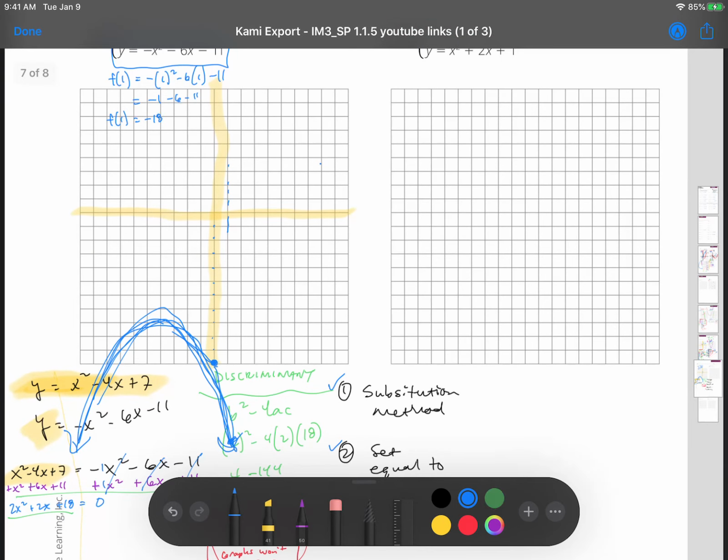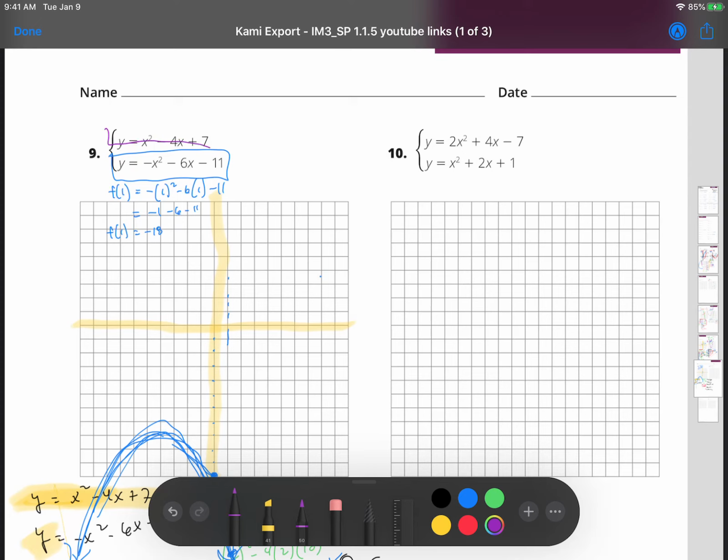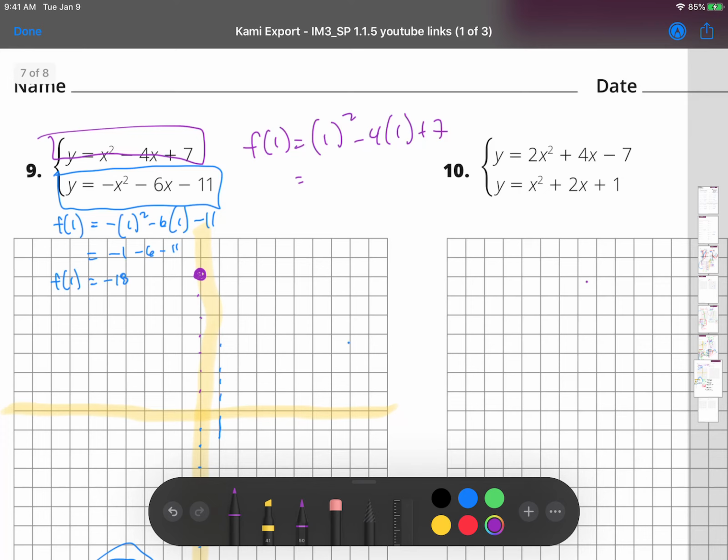Let's do purple. Okay, positive 7. I know the graph is going to be going through that point. Just put in a 1 there, just like I did in the last problem. I'm trying to get an ordered pair, right? 1 minus 4 plus 7.